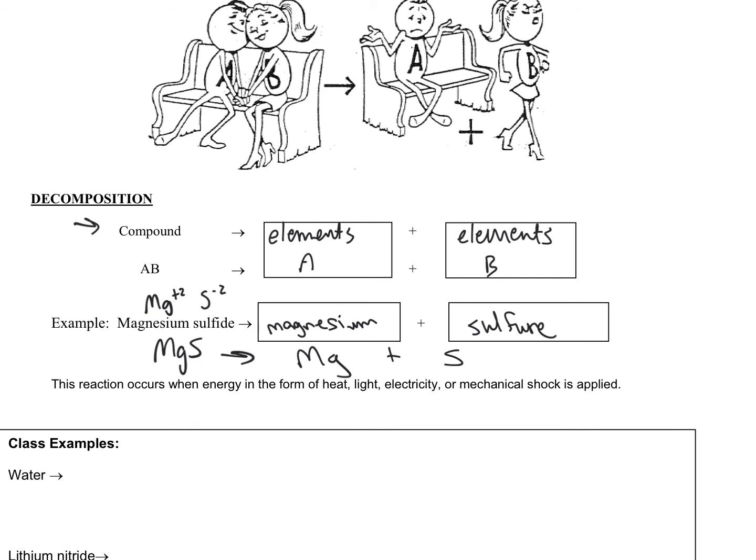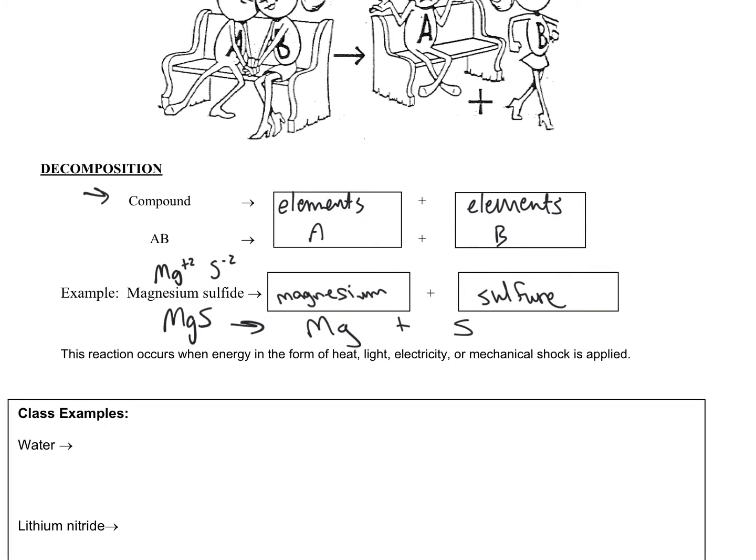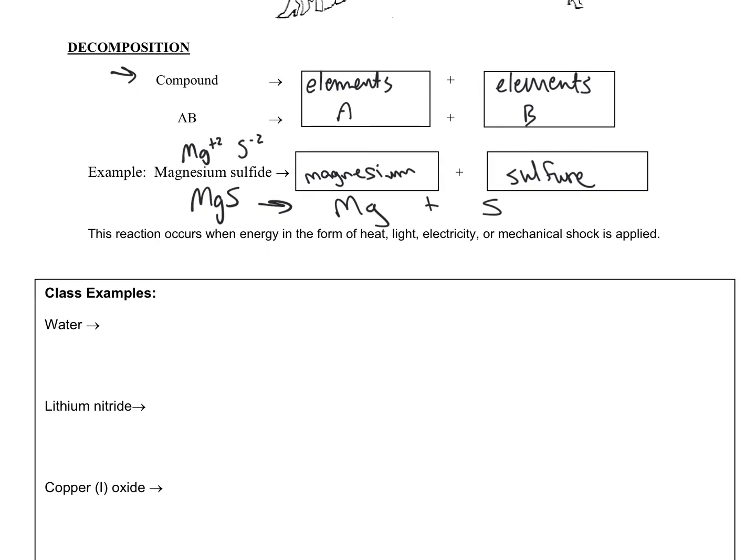In order to do a decomposition, you basically input a bunch of energy that causes the chemical bonds to separate and the compound to decompose into its individual elements. So here's water, H2O.